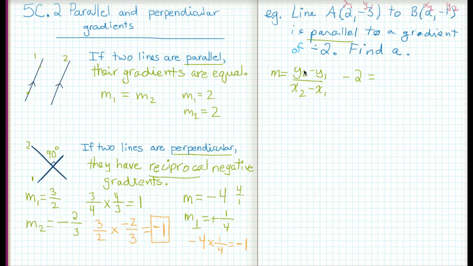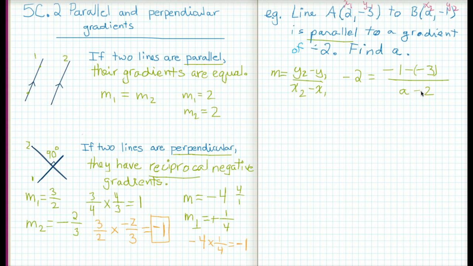And then I can plug in the points. y2 is -1, y1 is -3, so I'm subtracting a -3. Little use of brackets to keep that negative with the 3. Divided by x2 is a, and x1 is 2. So now I have an equation that uses algebra, and I'm going to solve for it.